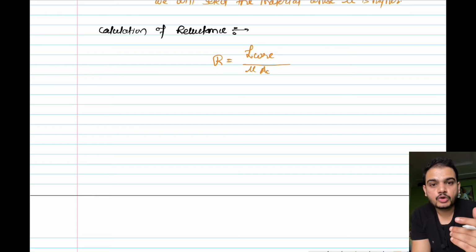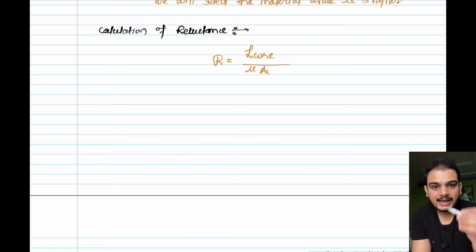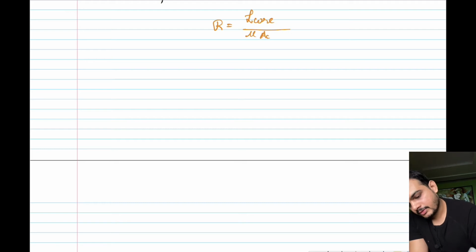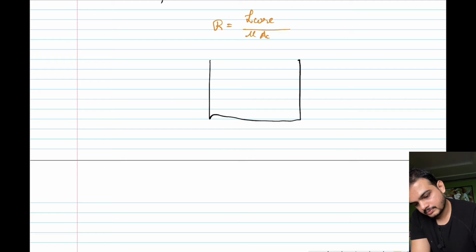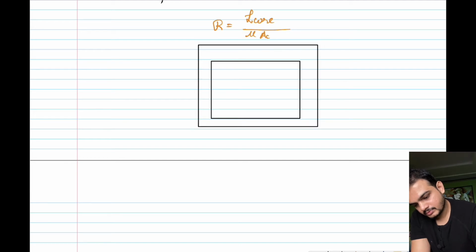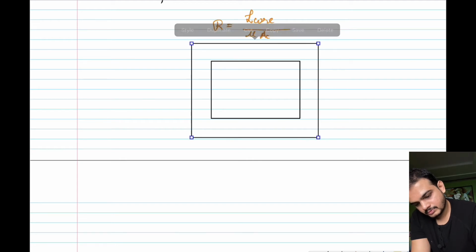Now how to find the length of core? This is nothing but the mean length. I have already told you this L is nothing but the mean length. Now what is mean length? See here. For example, we have a rectangular core, right?